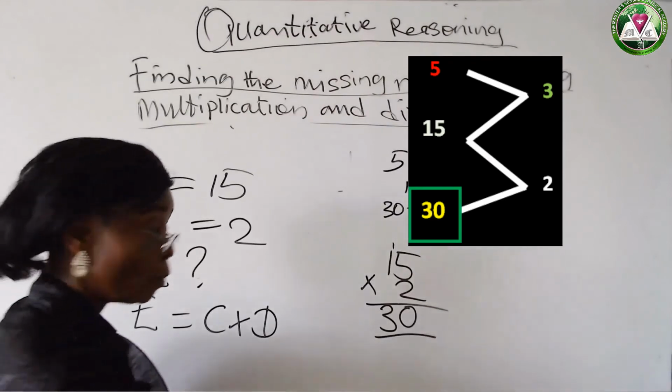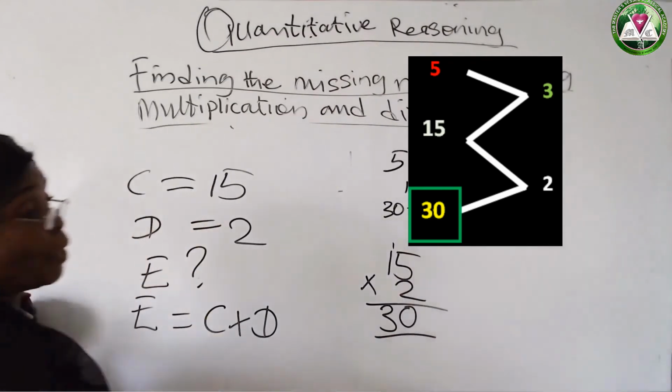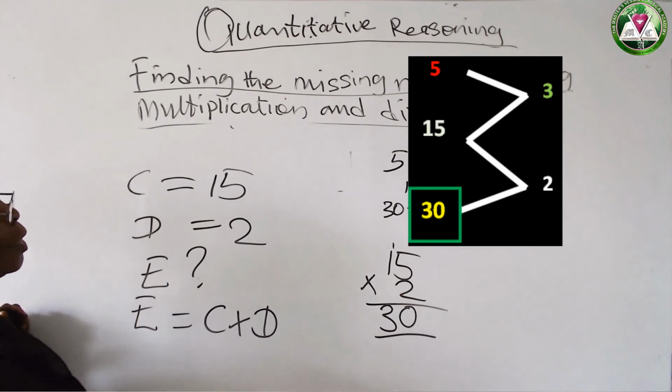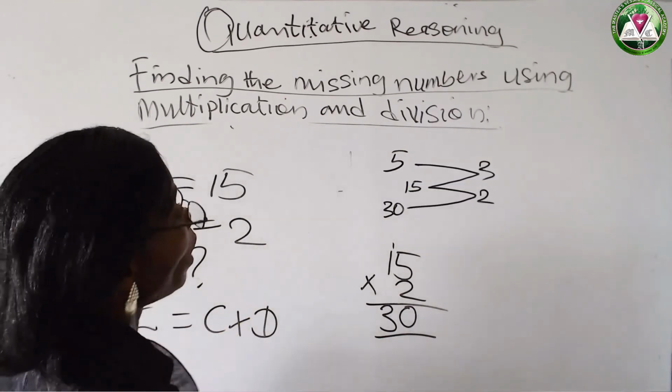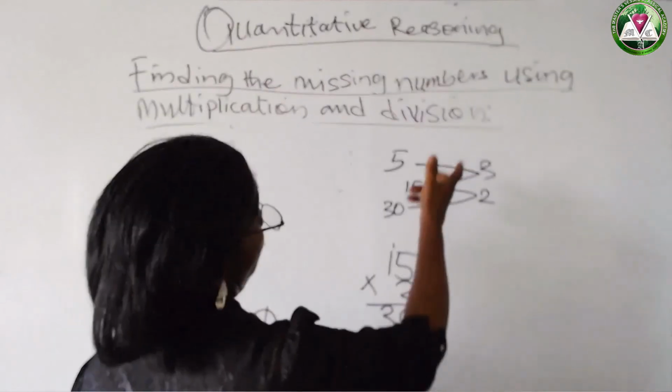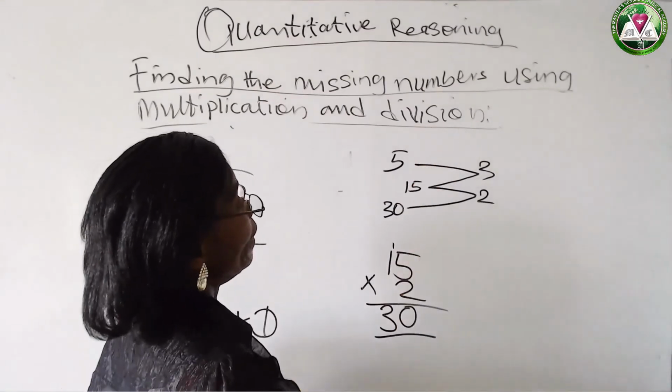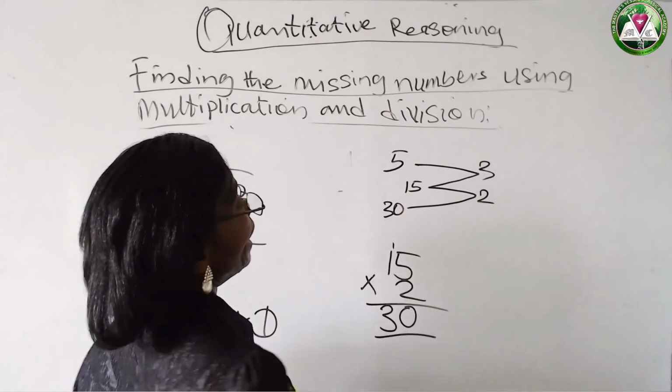Okay. Now let's find the rest of the numbers. We have been able to get 15 and 30.